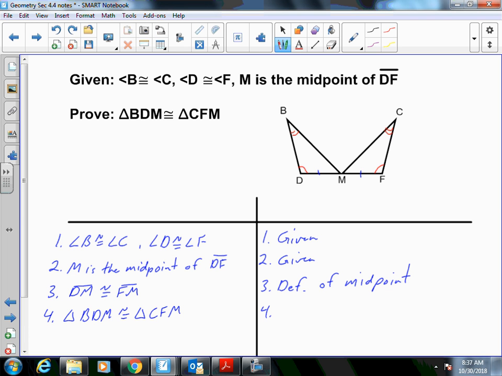And what congruence postulate are we using here? This one is angle, angle, side, AAS. Because the side is not included in between the angles, it's outside of them, and it's corresponding. It wouldn't have worked if we had DM congruent to CM, because those wouldn't be corresponding sides, right?